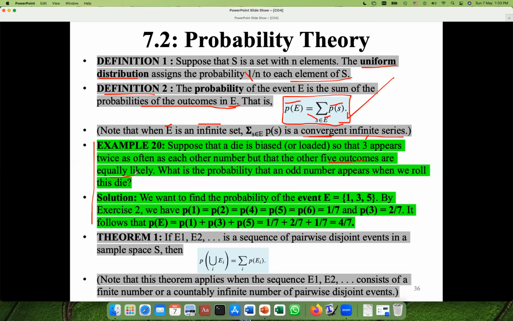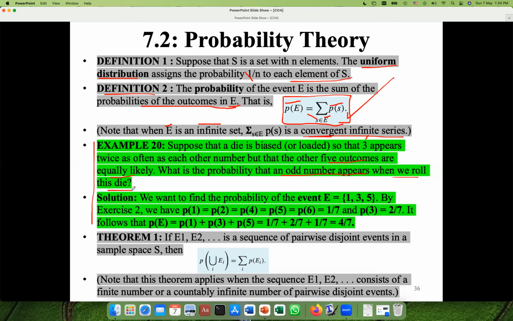Then the question is: what is the probability that an odd number appears when we roll the die? You have to calculate the probability for the odd numbers for that die.